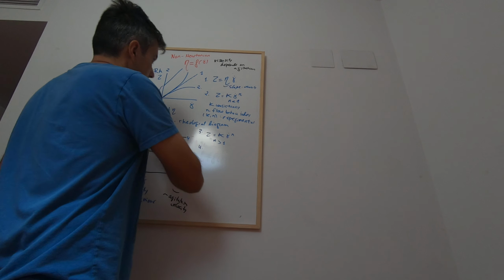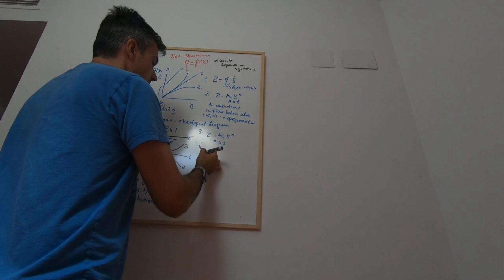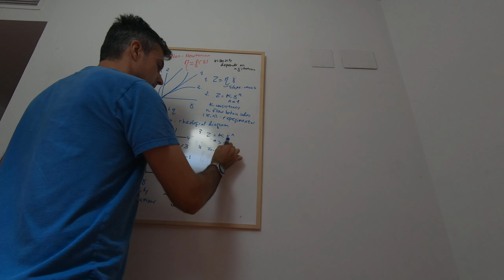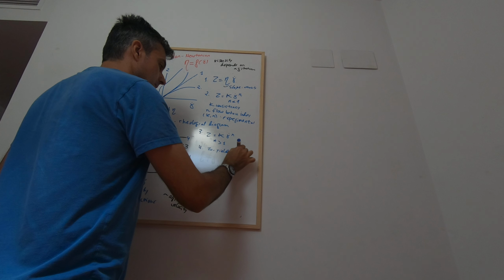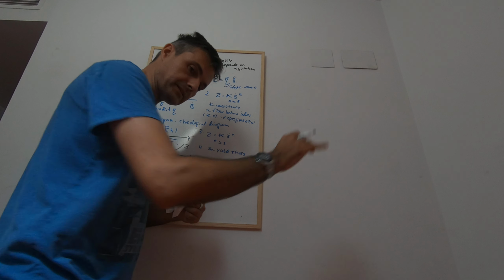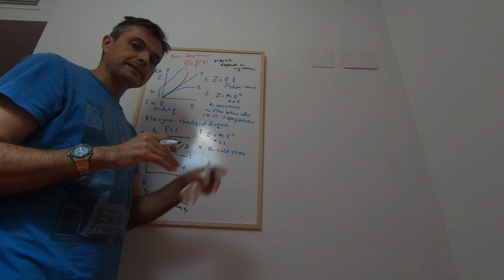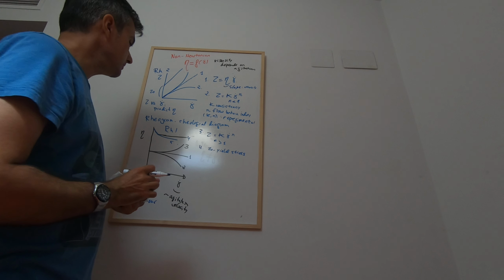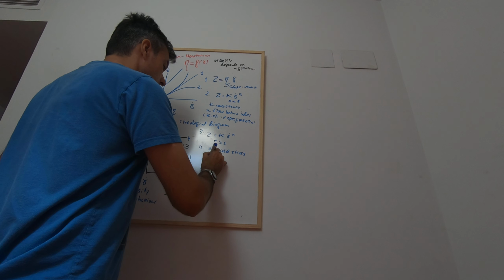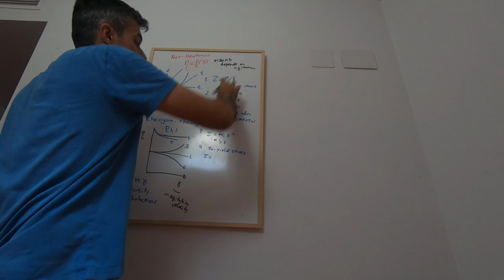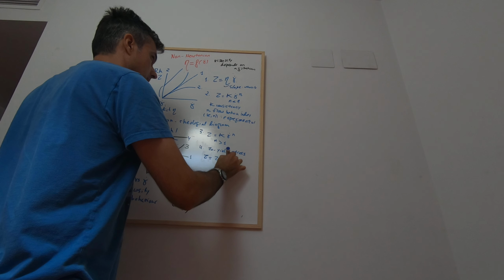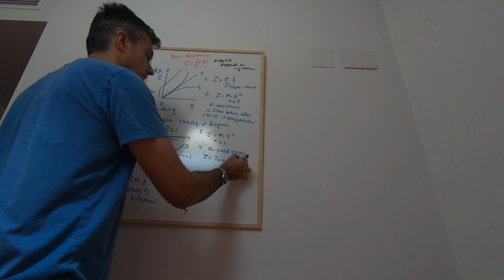For the Bingham plastic, tau 0 is the yield stress. It's a threshold, like in a door, that you have to pass in order for the fluid to move. So the equation is very similar, but adding the yield stress: tau 0 plus eta gamma dot.